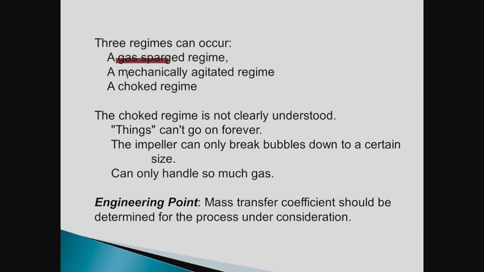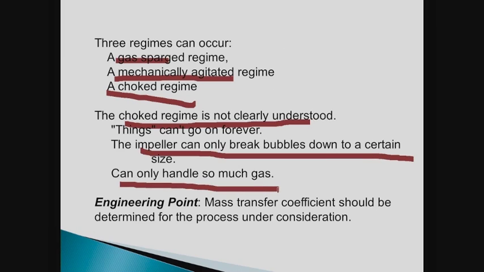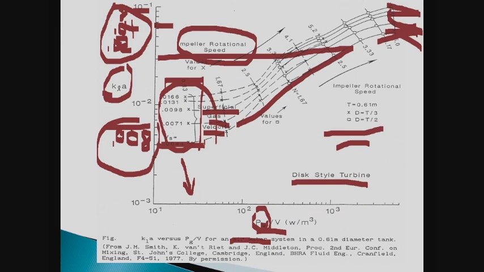So again, we have a gas sparge regime, an agitated tank regime, and a choked regime. Nobody talks about the choked regime. The impeller can only break bubbles down to a certain size, and the impeller can only handle so much gas. Nobody talks about the choked regime, but in two-phase flow, choked regimes are very common. Let me show you the choked regime and where it's coming from.